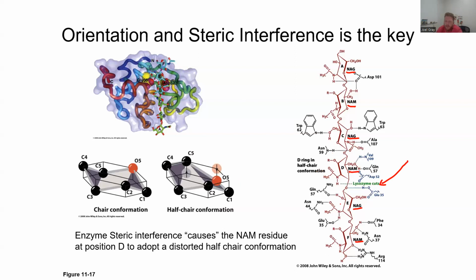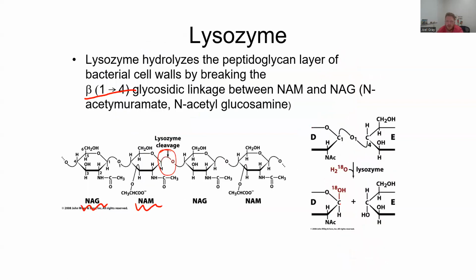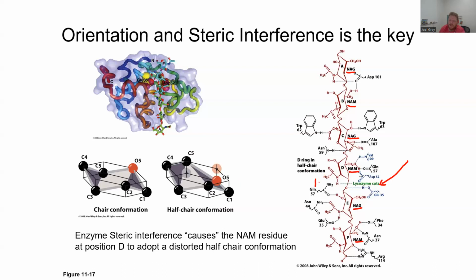The NAM and NAG, it's going to cut there. So this location right here that we were referencing is the exact same as this location right here. Now, the fundamental difference is obviously the positioning of things. But one of the things that I want to draw your attention to, and that I think is pretty cool, is we've got all these different amino acids.